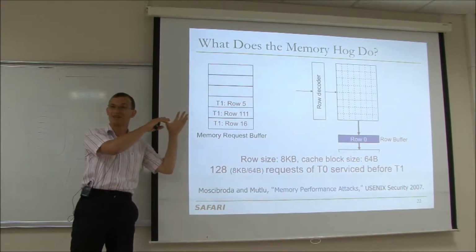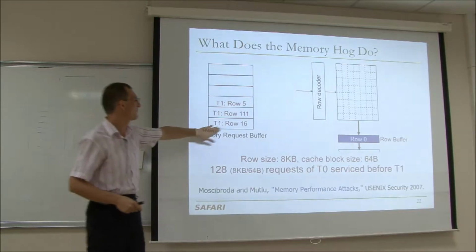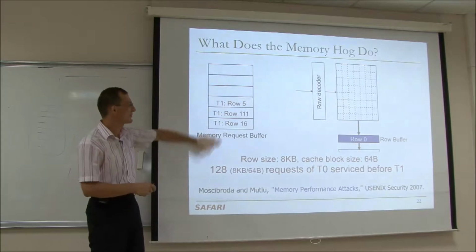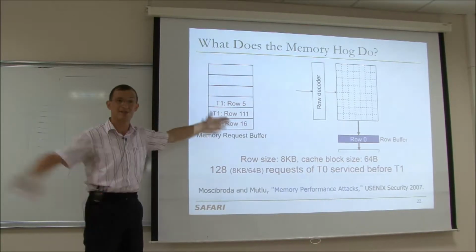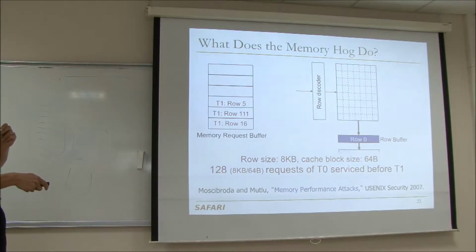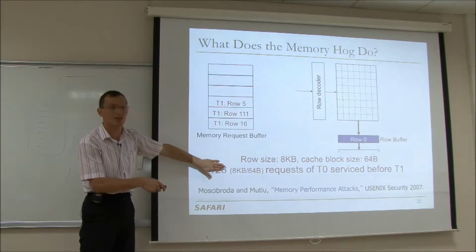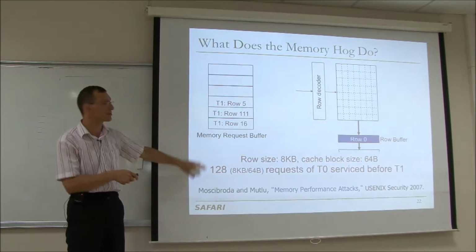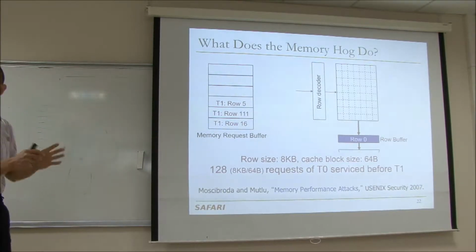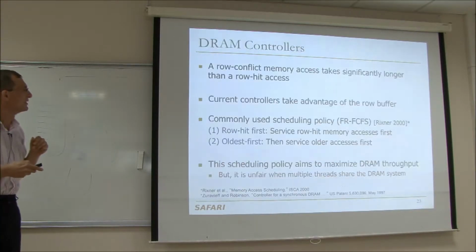If you remember the Niagara processor that we discussed, the UltraSPARC T1 from Sun, had a limit of 10,000 cycles, I believe. So that would break the stream. But regardless, 10,000 cycles is a very long time. With a row size of 8 kilobytes and a cache block size of 64 bytes, 128 requests of the streaming thread can be serviced before a single request of the random access thread is serviced. So this leads to unfairness, even if the memory intensities of both threads are the same, even if they're accessing memory at the same rate.